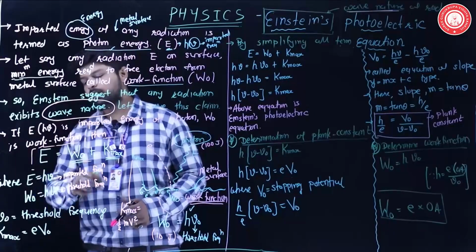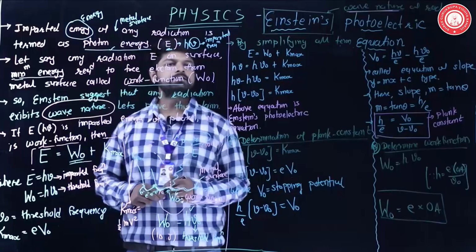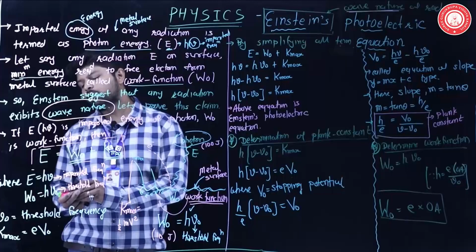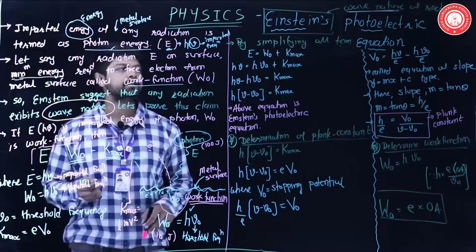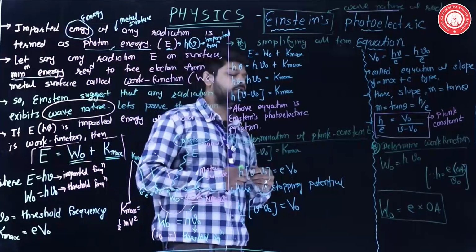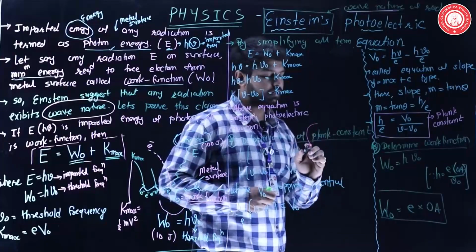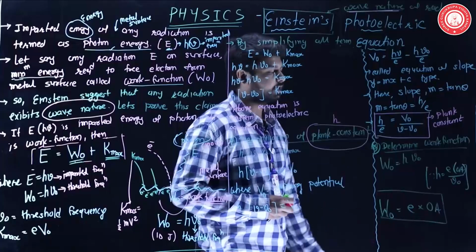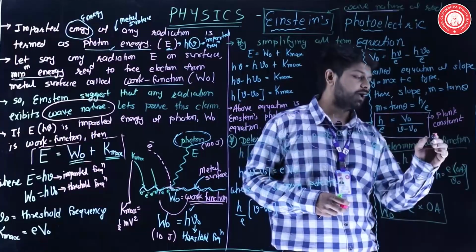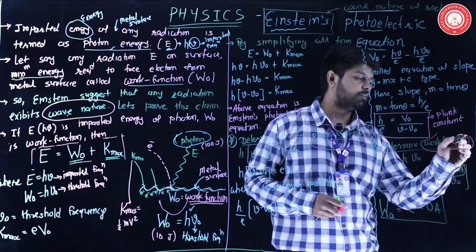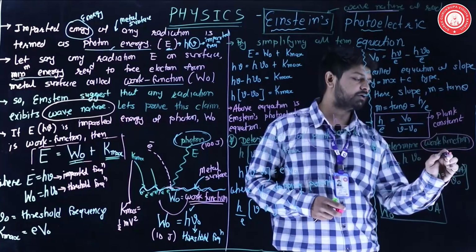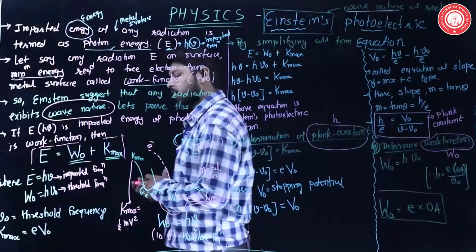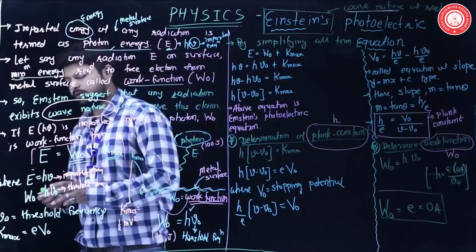E is h into v, where h is the Planck constant. In this Einstein equation, we would like to determine the Planck constant as well, which is a further part of this theory, as well as obtain the work function W0. So now start with this theory and some practical applications.